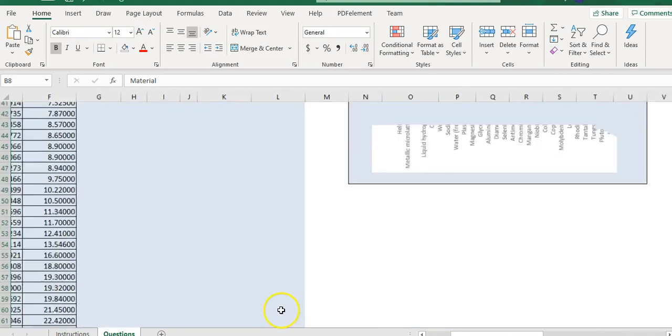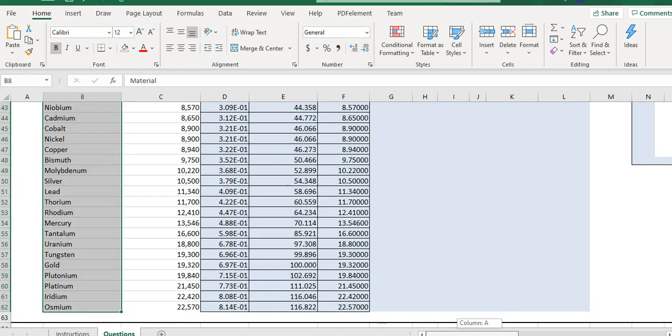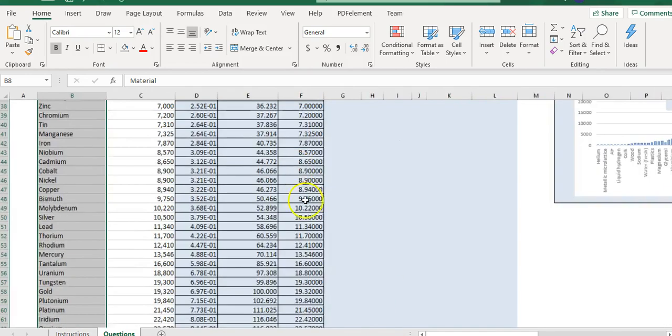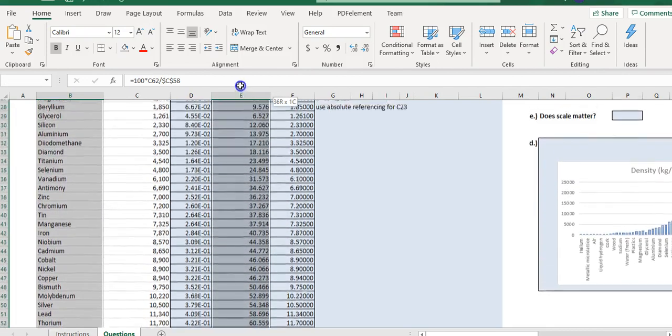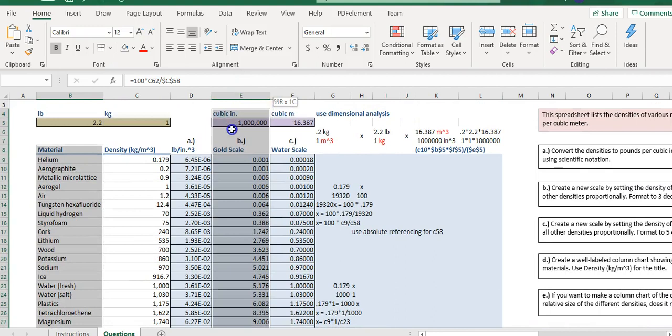If I choose the control button on the keyboard and then I highlight a different column, so let's say I do this one. So that allows me to highlight two columns that are not adjacent to each other, and then I can make another column chart and see if they all look the same. So that's how you can make a determination about that.